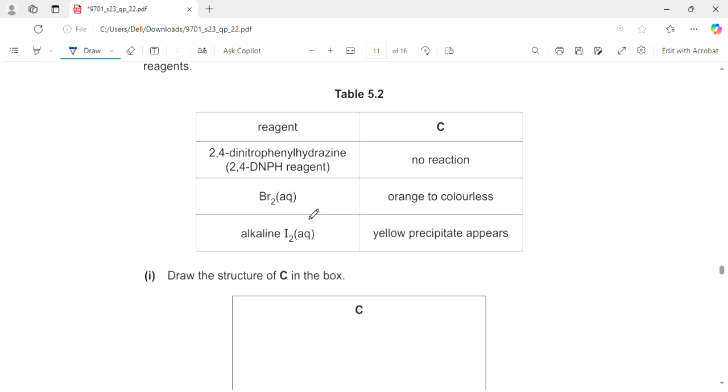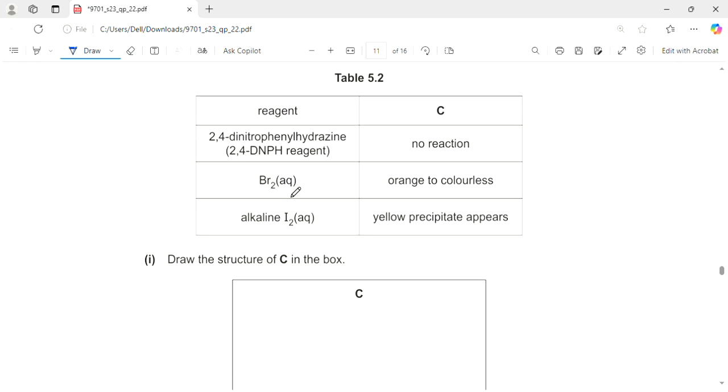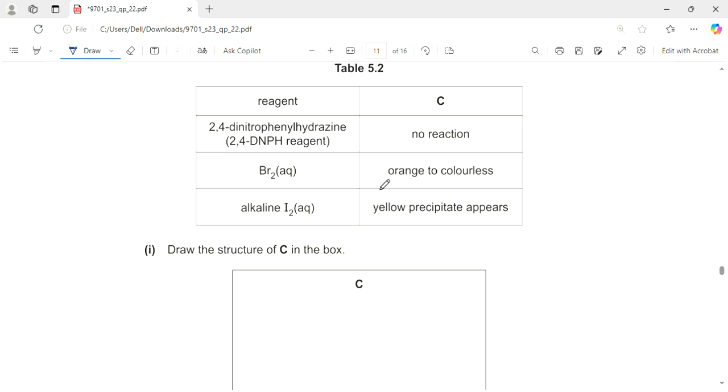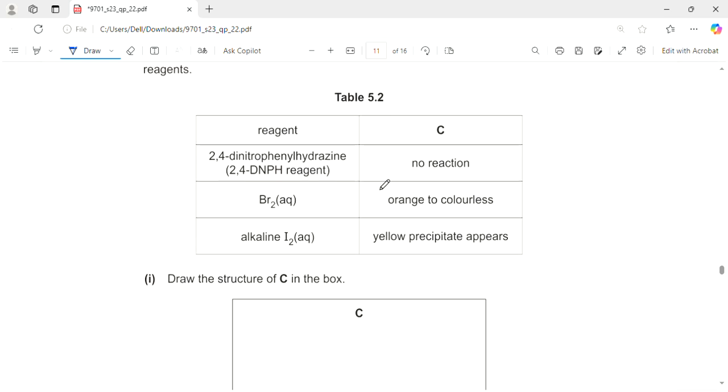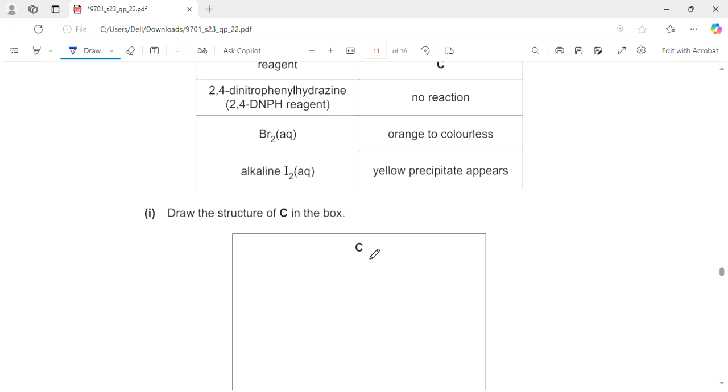When tested with Br2, bromine, it goes from orange to colourless, so it must contain an alkene group. Alkaline I2, iodine, shows a yellow precipitate, so it must contain an alcohol.